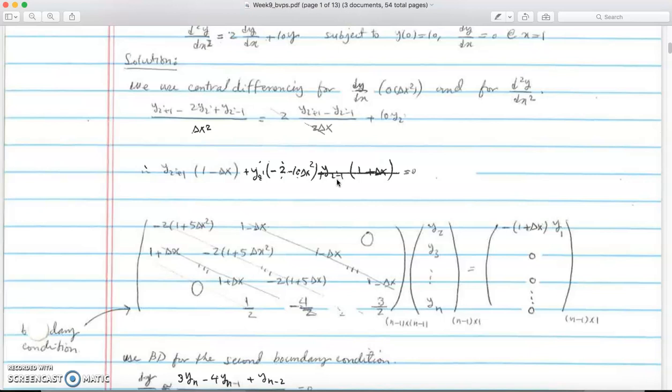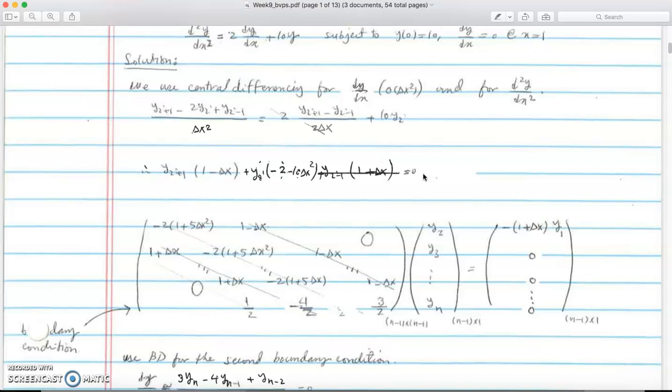We start from i equal to 2, and we get y1 times 1 plus del x, y2 times minus 2 minus 10 del x squared, and y3 times 1 minus del x, equal to 0. From these three terms, when i is equal to 2, only the first term is known because y1 is the boundary value on the left. So we're going to move it to the right side.